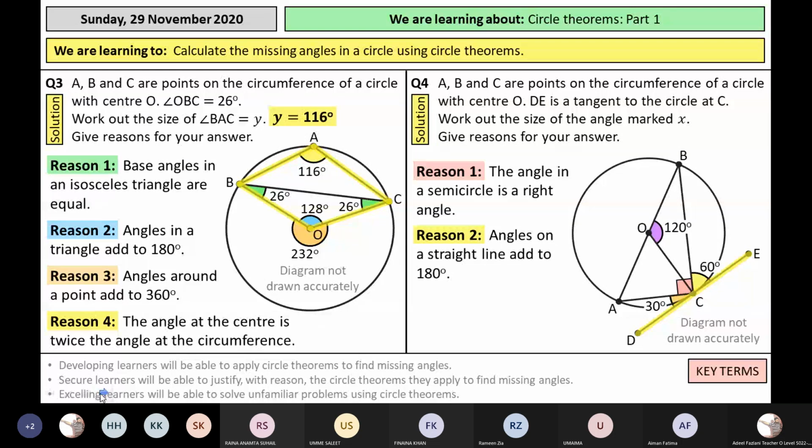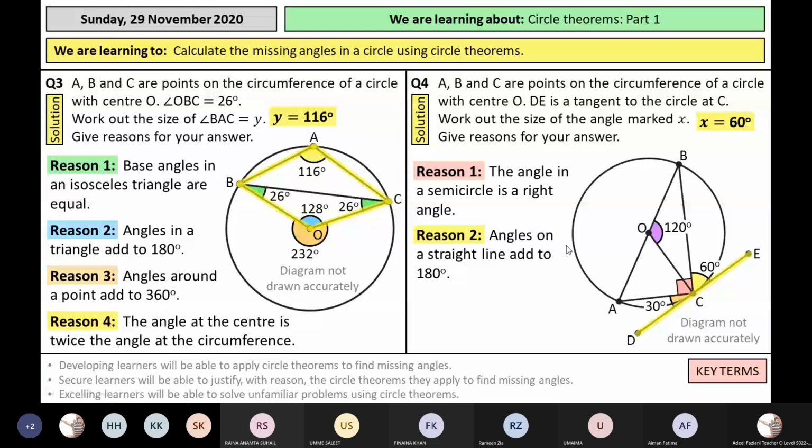Now, if ACD, angle C is 30 degrees and your angle C with B and E is 60. Got it? Now, definitely you just find out the value of X. Where is the value of X? 60. Work out the size.